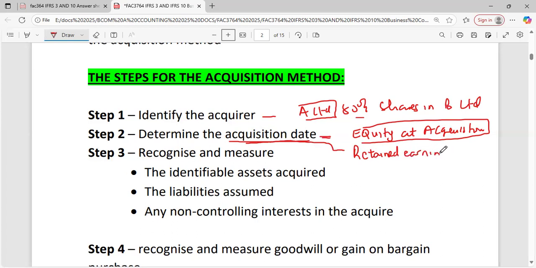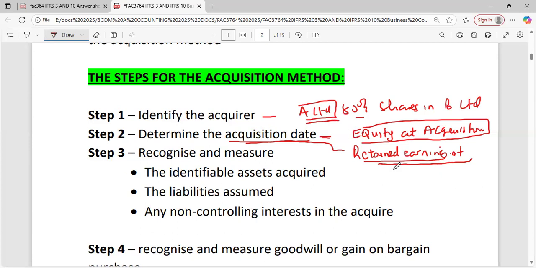You will find that the retained earnings at acquisition and the retained earnings since acquisition to the date of consolidation will be treated differently. The retained earnings at acquisition are going to be part of the equity that was purchased by the acquirer at acquisition.